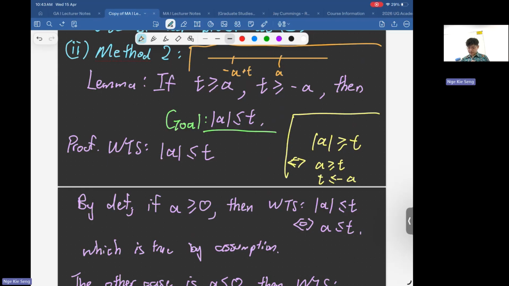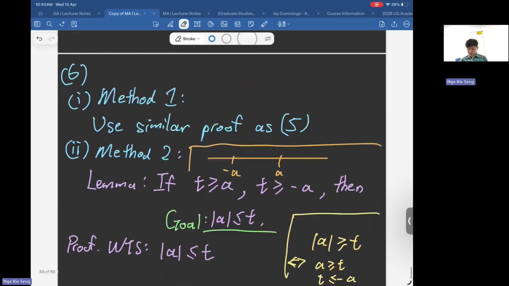The absolute value of A is in between T, so the length here should be at most T. Did I write something wrong here?